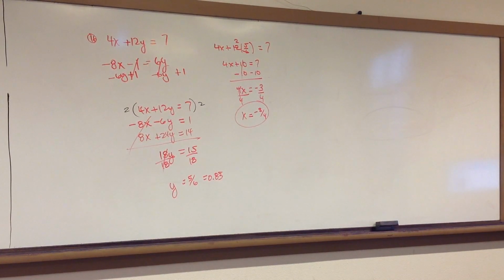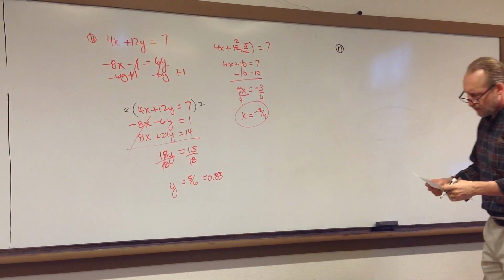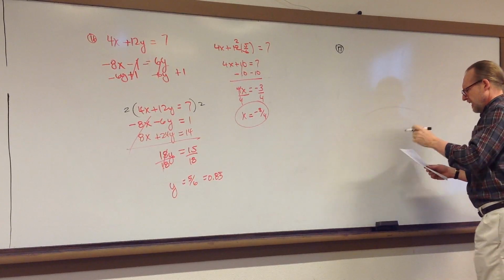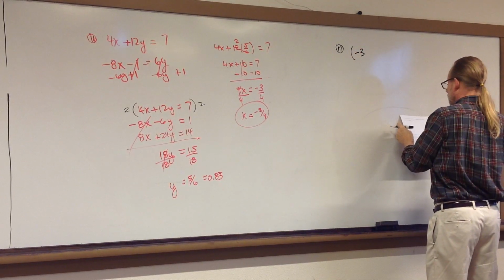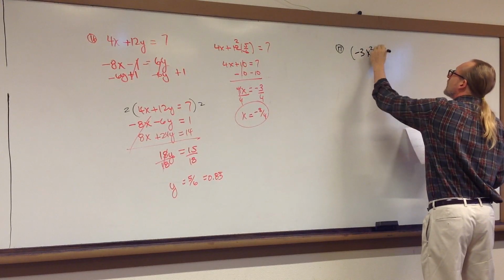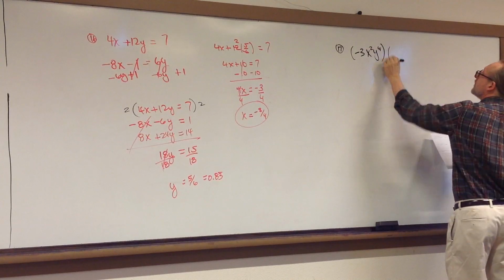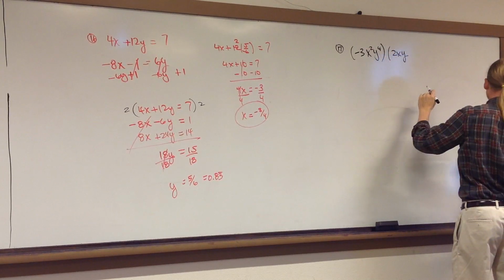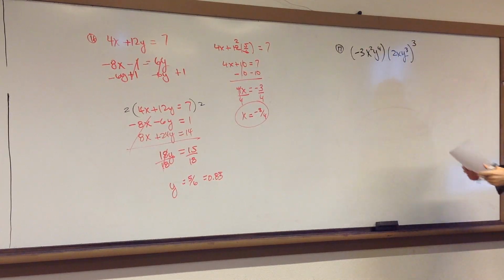Problem 17 is about the rules of exponents, and I encourage you to use your formula sheet. You've got the rules of exponents on your formula sheet, and I encourage you to use that. So here we've got -3x squared y to the 4th getting multiplied by 2xy cubed, and then that's all being raised to the 3rd power.